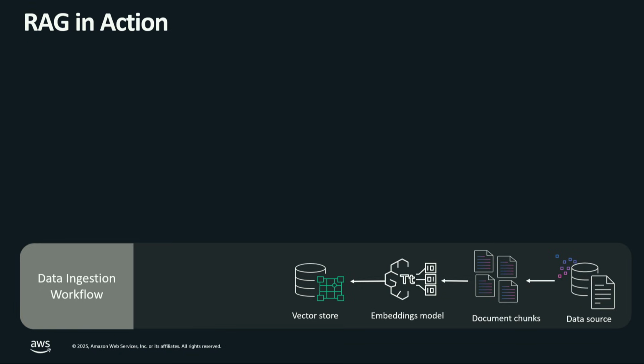And unstructured could be documents, images, videos, or a mixture of those things. The data ingestion workflow is extremely important. There are certain techniques that you can apply during the data ingestion workflow so that the information that is getting into the vector store is stored well.